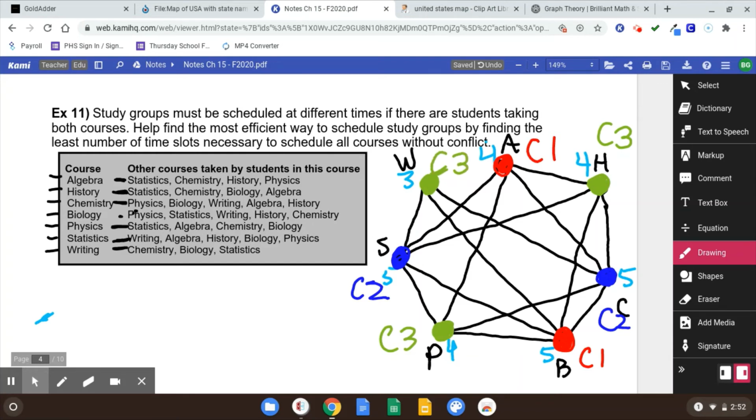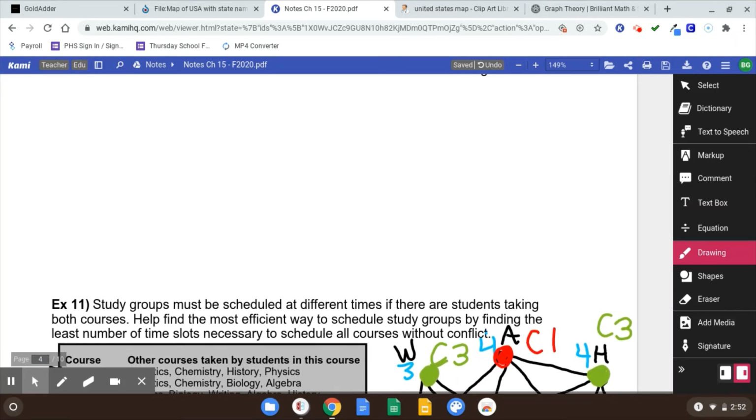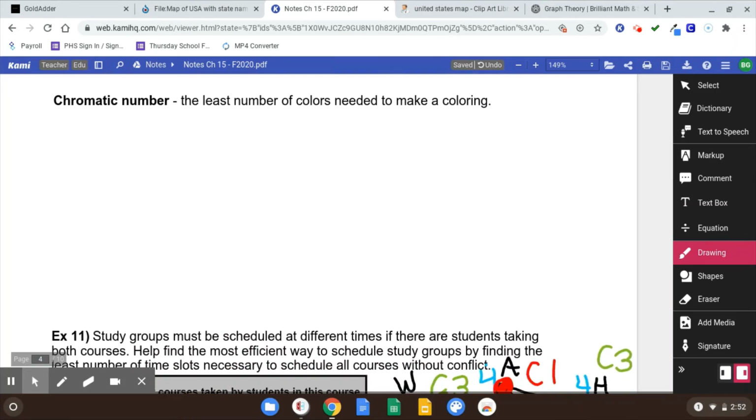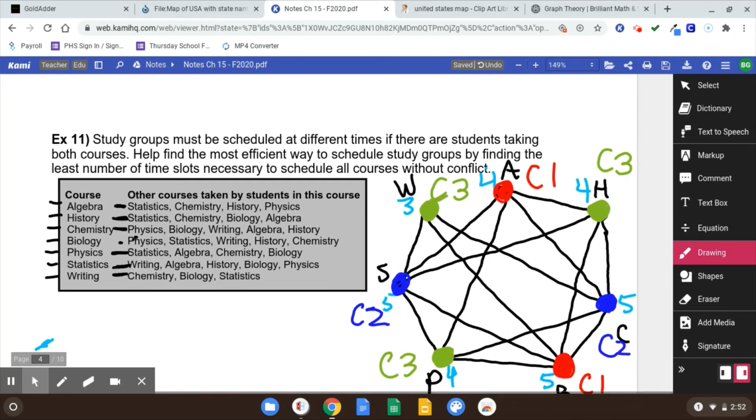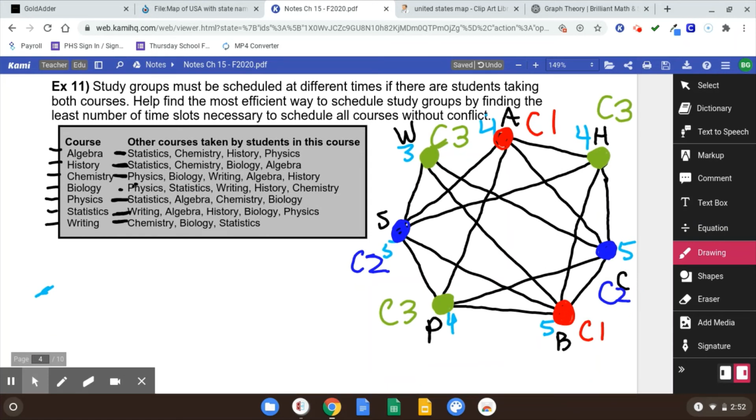The goal is to use the least amount of colors or the least amount of groups or categories possible. And so it looks like I've got 3 categories, 3 colors. Now remember, the chromatic number is the least number of colors needed to make a coloring. I needed 3 colors here, so my chromatic number is 3.